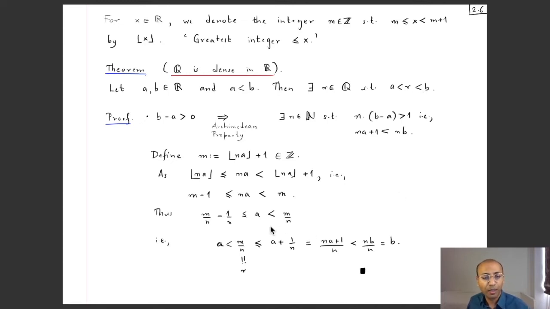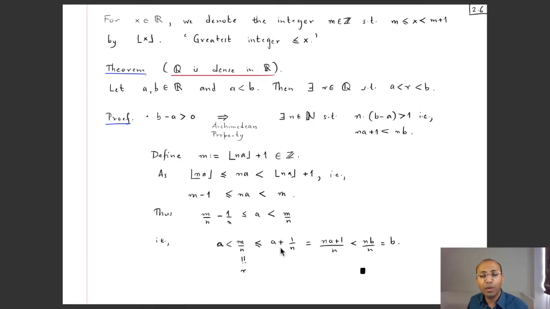First of all, let's note that a is strictly less than m by n. So if you take this as your r, you have already got that a is strictly less than r. So we have already proved this. And now let us show that this r is also strictly less than b. From over here, we know that m by n is less than or equal to a plus 1 by n.